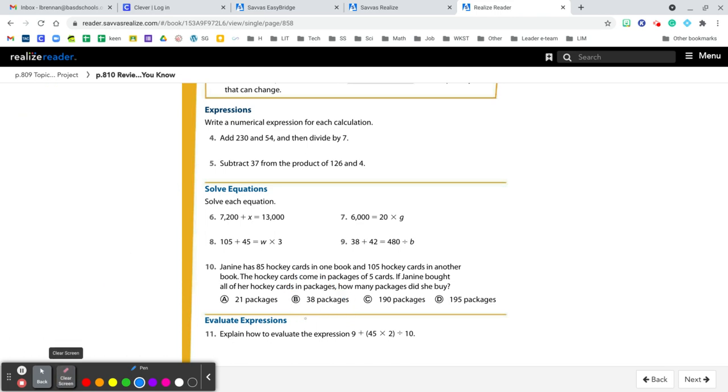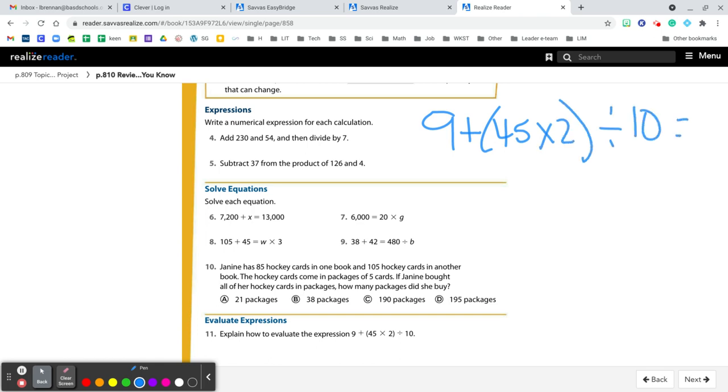And the last one, how do you evaluate the expression number 11? 9 plus 45 times 2 with parentheses, divided by 10. Let me give you some more space here. Put it over here. 9 plus 45 times 2 divided by 10.